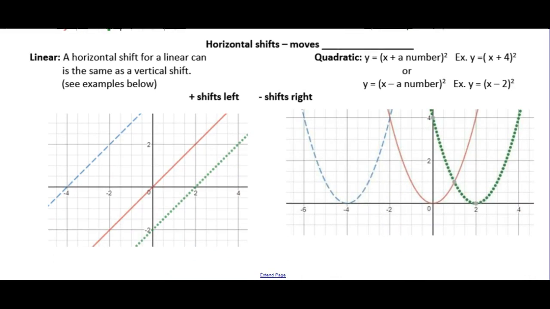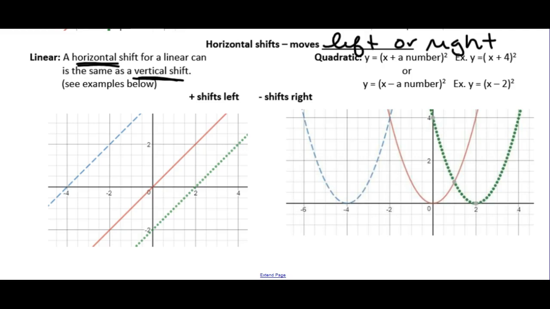Then horizontal shifts. Horizontal shifts move left and right. They move horizontally. Now, with a linear function, you don't really have a horizontal shift, because a horizontal shift could be considered the same thing as a vertical shift.